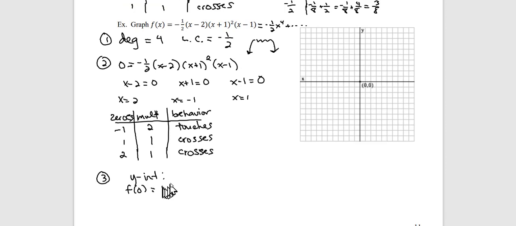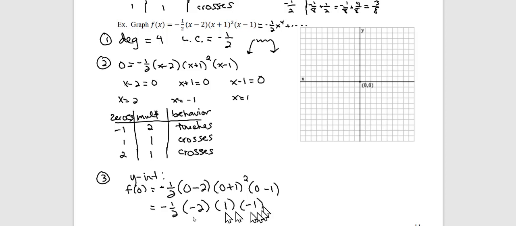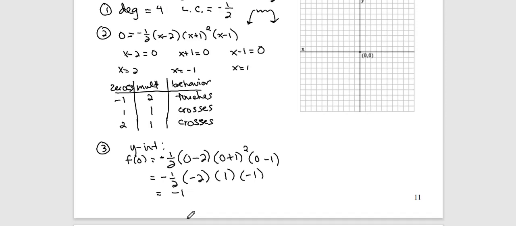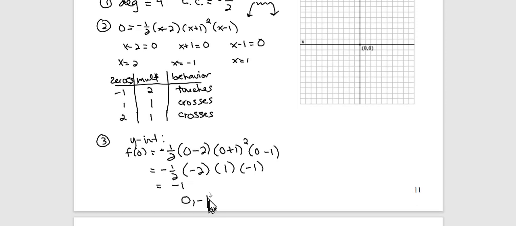F of 0 is negative 1/2 times 0 minus 2 times 0 plus 1 squared times 0 minus 1. Negative 1/2 times negative 2 times 1 times negative 1 is going to be negative 1. So my y-intercept is the point 0, negative 1.